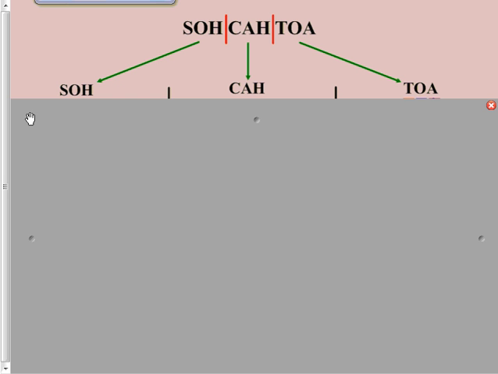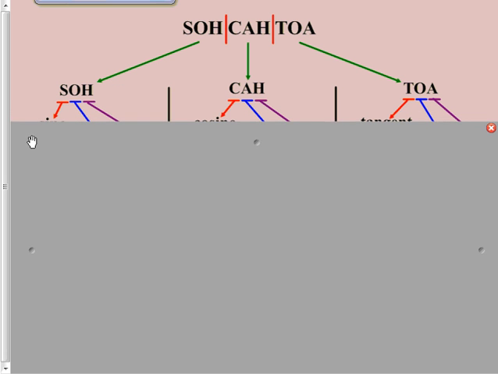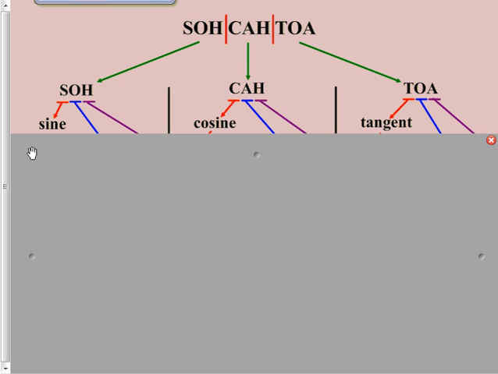Now, I already said that the spelling of SOHCAHTOA is important, and that is because the different letters mean different things. The first letter in each group, the S and the C and the T, stand for the three different trigonometric functions, which are sine, cosine, and tangent.